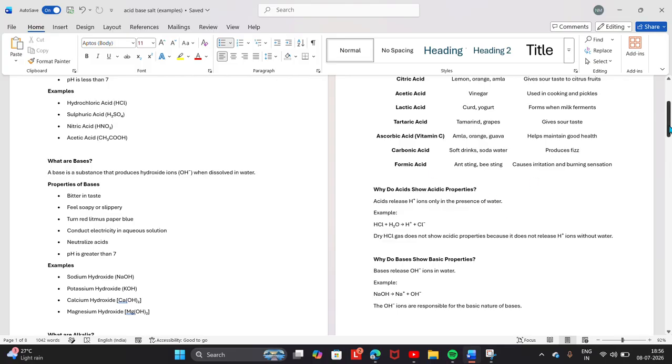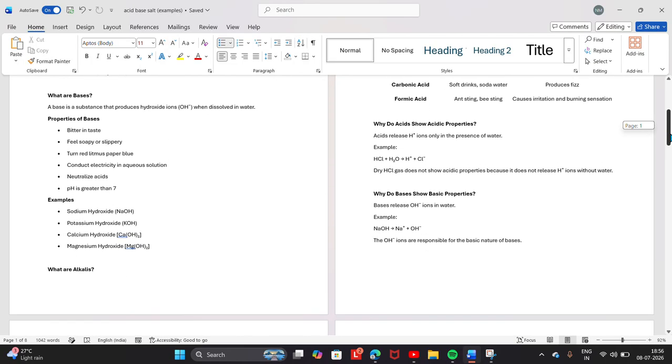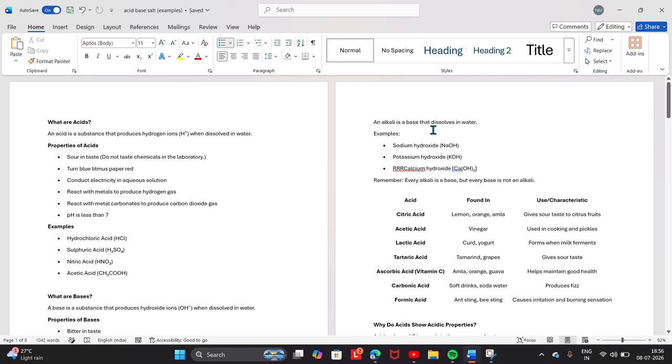Now, if these are bases, what are alkali? If a base is dissolved in water, and it is completely soluble in water, then such bases are called alkali. The bases which dissolve in water are called alkali, like sodium hydroxide, NaOH, is a base which dissolves in water.